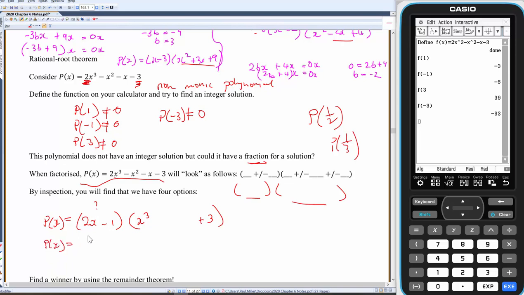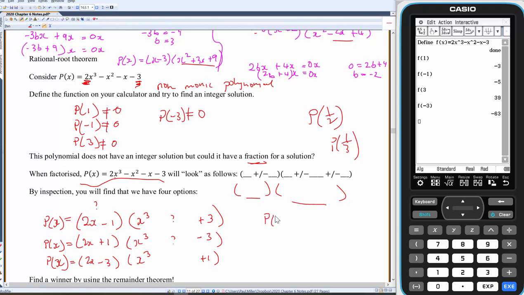Now there are other options. It could be 2x, and this could be +1, in which case this would be x squared, and that would be take 3. Now note, I'm not too worried about the middle term at the moment. There is another one. It could be p of x equals 2x take 3, in which case that would be x squared, and that would be +1.